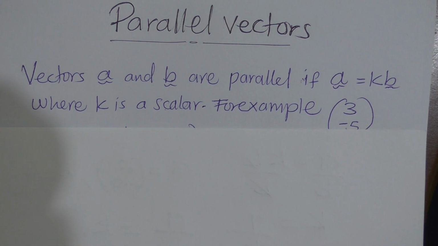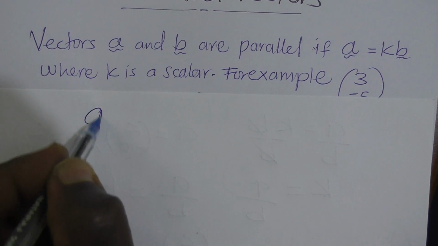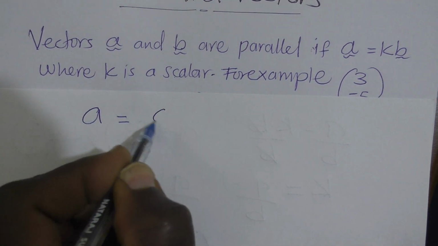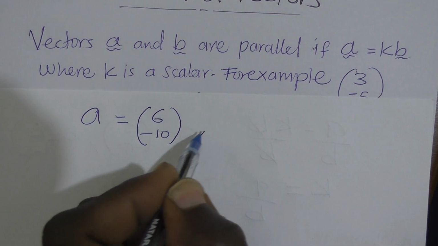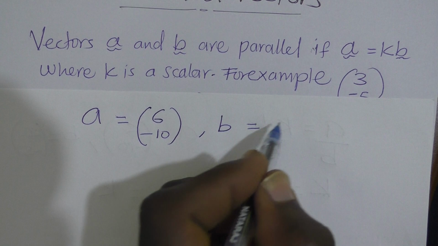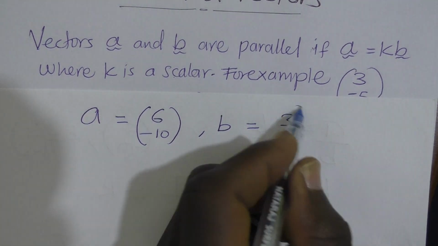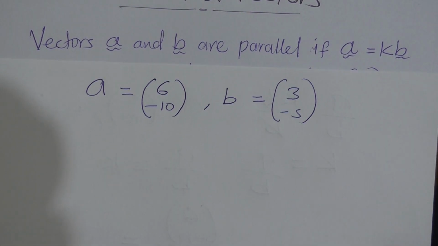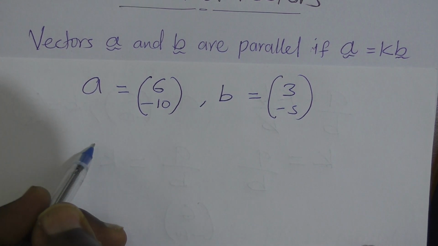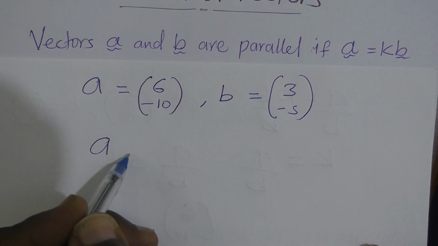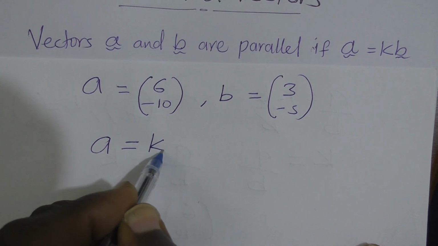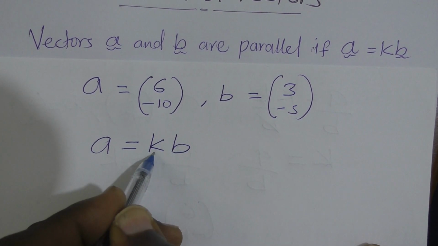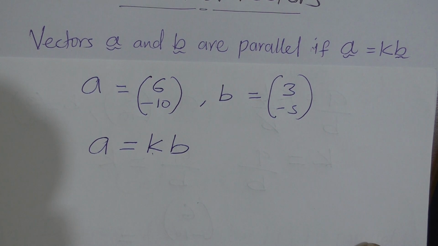Assuming our vector A equals (6, -10) and vector B equals (3, -5). So we are saying that for A to be parallel to B, A should be equal to KB, where K is the scalar or the constant.